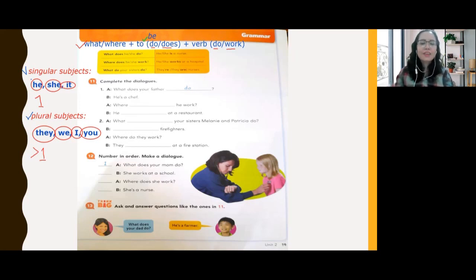And here the subject I is applied particularly as plural form, though it is a singular subject.